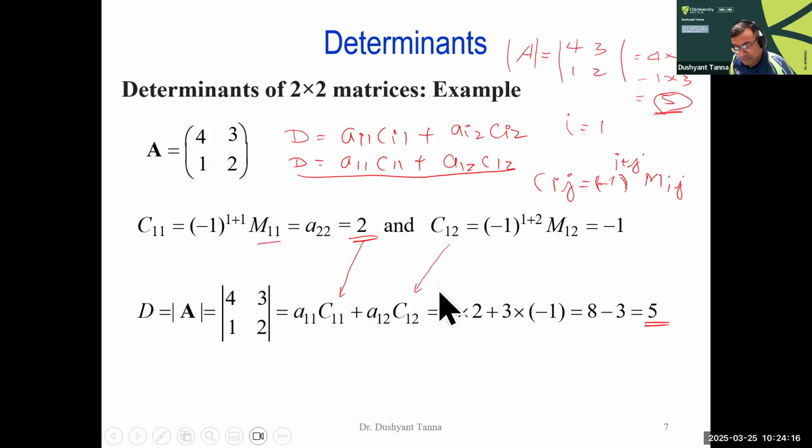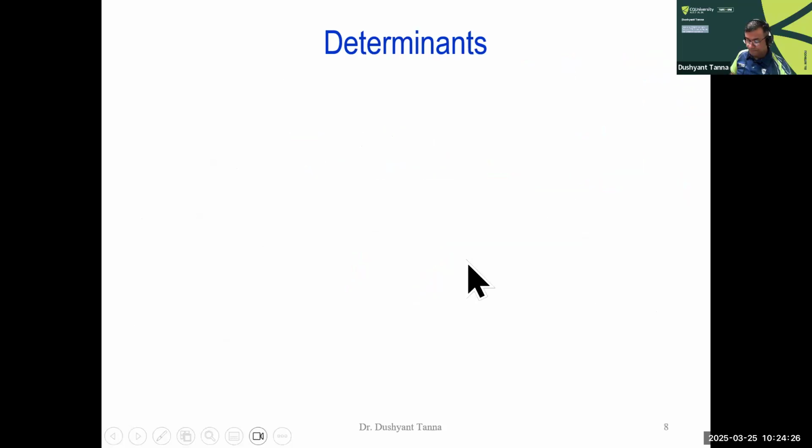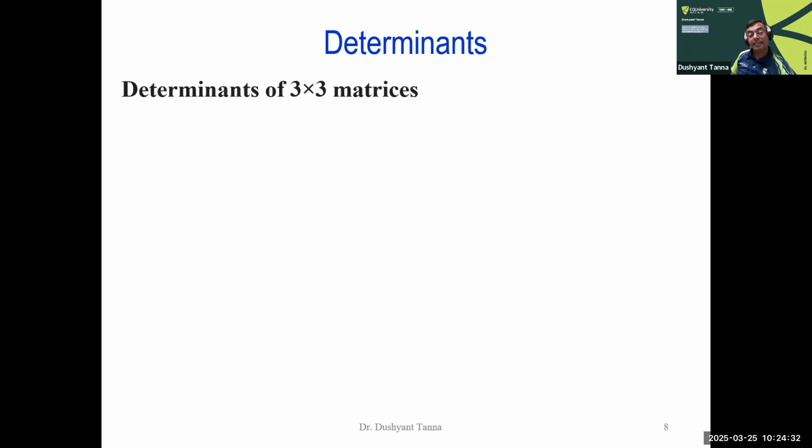Okay. Now, since we have a bit of understanding of our 2 by 2, we will now go to our 3 by 3 determinant. Of course, there is a shortcut for that as well, but we'll do both. We will do it the traditional way, the math, the definition way, and we'll do it with the shortcut way.